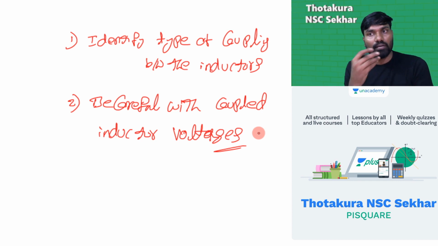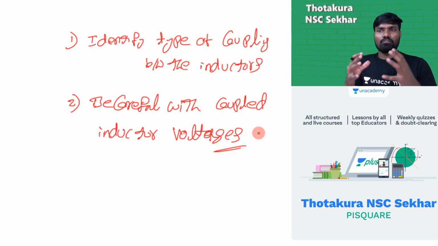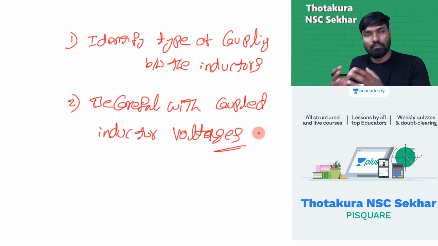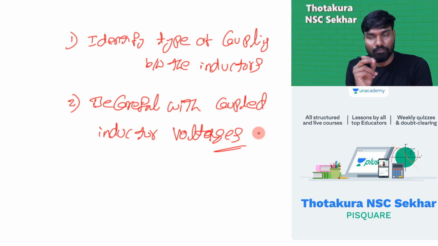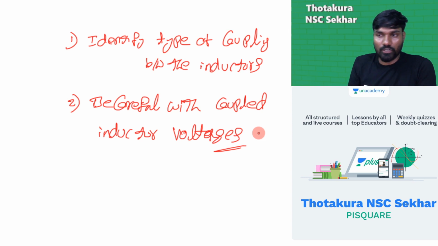If there are more coupled coils, as many couplings as it has, that many EMF terms will be there. One self-induced EMF, and if it has a coupling, then a mutually induced EMF also. If there is no coupling, uncoupled inductors, then only self-induced EMF will be there, no mutually induced EMF. That is the second point you should keep.